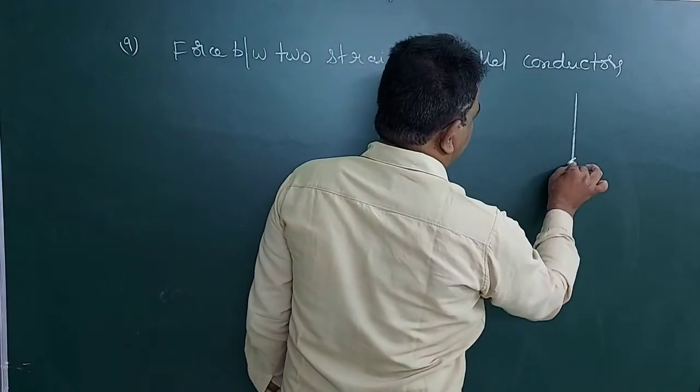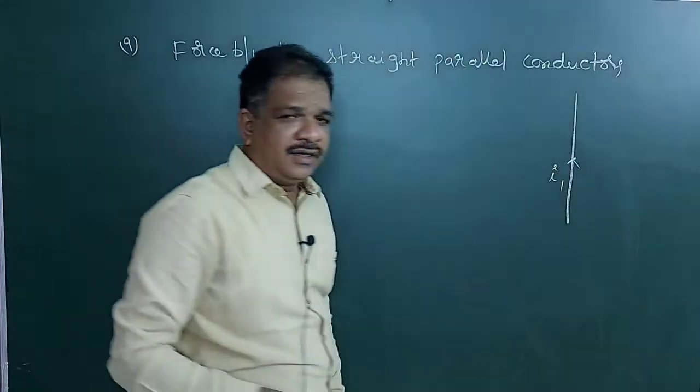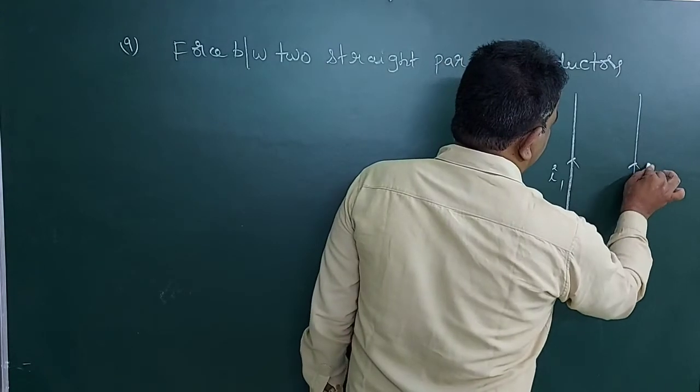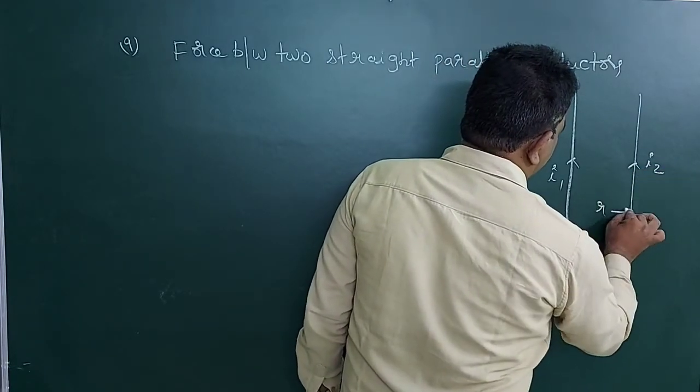Here one infinitely long conductor is there carrying current I1. Another conductor is there carrying current I2.